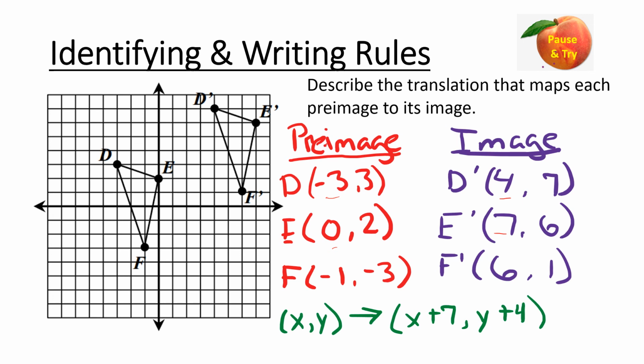Therefore, my rule here was x plus 7. And then for my y values here, 3 to 7 increases by 4. 2 to 6 increases by 4. -3 to 1 increases by 4. So my rule for my y value is y plus 4.